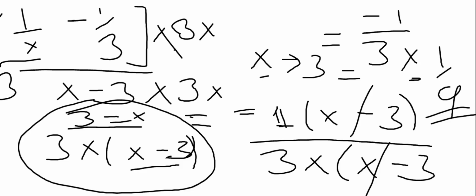After factoring out a -1, we remained with this. Now it became similar and it cancelled each other. We remained with a -1 over 3x, and that's when it was suitable for us to replace where there is x with 3 to get 1 over -9.